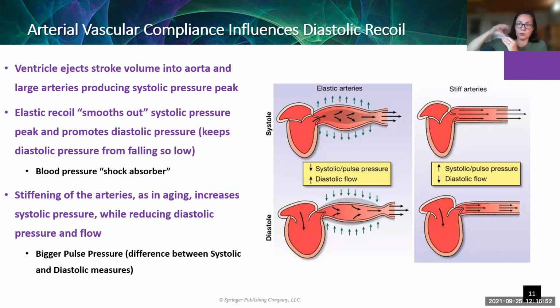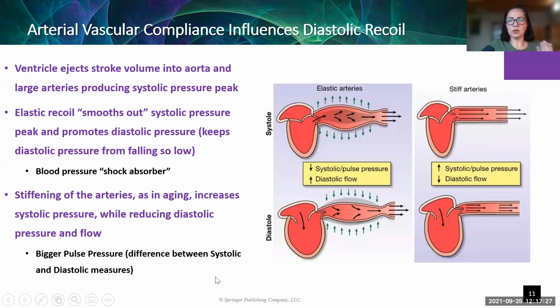None of it gets absorbed by these arteries stretching. And so we're going to see this uptick in the systolic number. And then it seems paradoxical, but we actually see a drop in the diastolic number. And that's because we don't have the balloon part, the pushing the blood along when the heart is relaxed. And so we see a bigger difference between systolic and diastolic. That difference between systolic and diastolic, that's known as the pulse pressure.